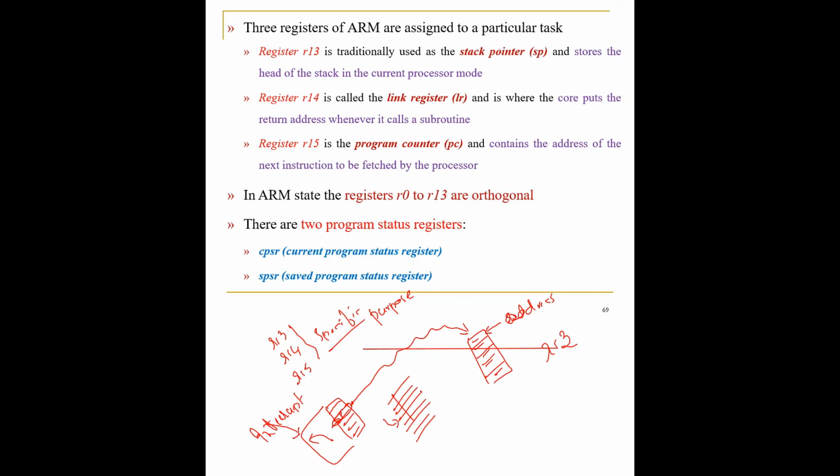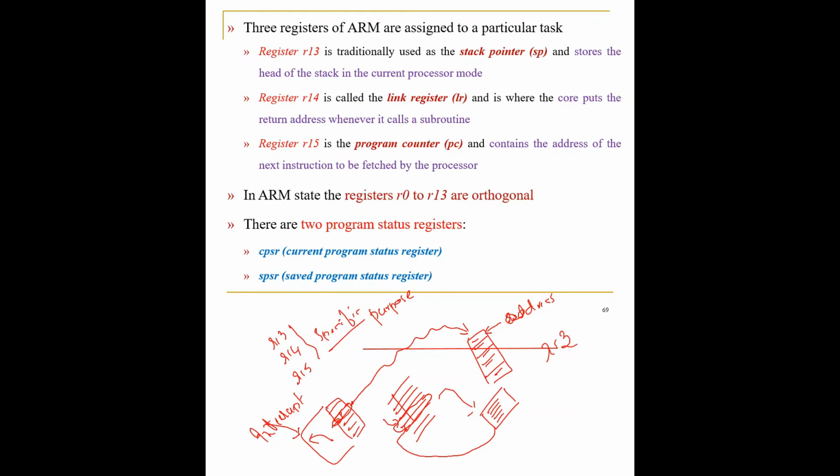All of a sudden there is a subroutine, or it has to jump to some small program and execute it, some micro program. After the micro program is executed, it has to return back and execute this particular line, right? So the address of this particular instruction will be stored in the link register, register R14. So, specific purpose.